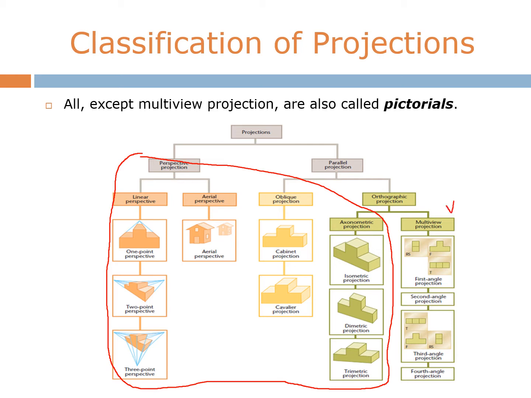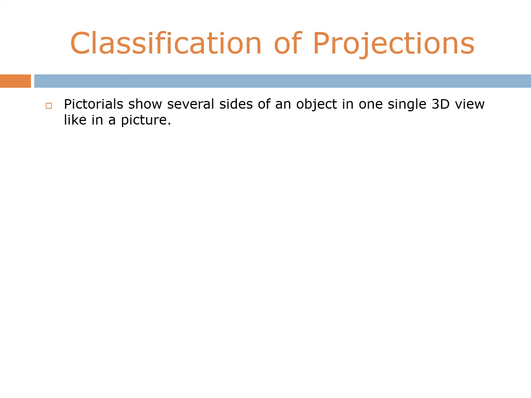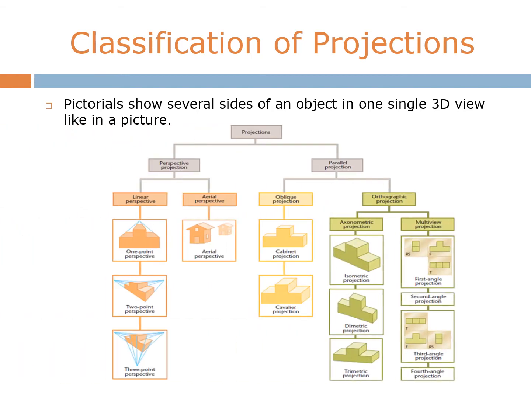However, for the multiview, you only look at the object in two dimensions. That's the main difference between a multiview and a pictorial. Pictorial is more like a three-dimensional view of a picture. Only the multiview shows two dimensions, but the rest of them all look three-dimensional.